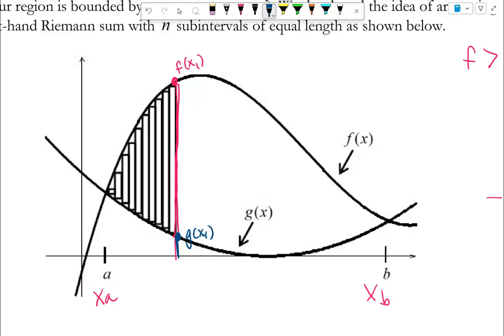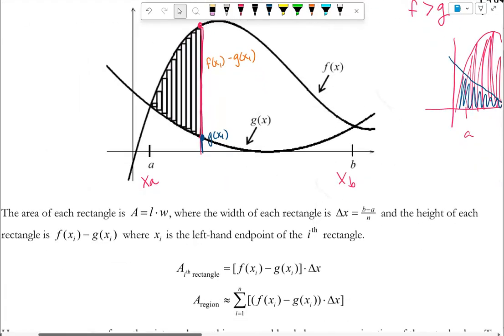So the length of this rectangle here is just f of that particular x value minus g of that particular x value. And that will remain true for the entire integral as long as f stays on top. And we'll see in some examples when we have to consider that maybe f is not always on top.